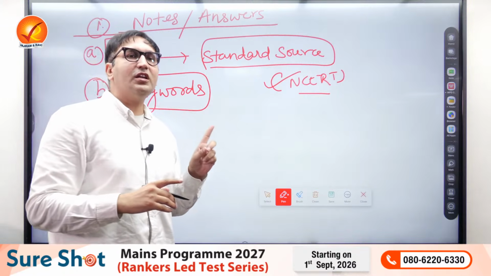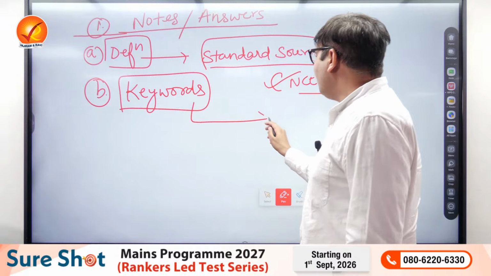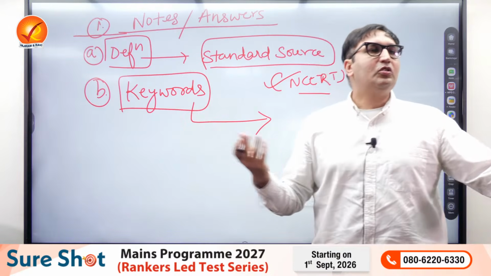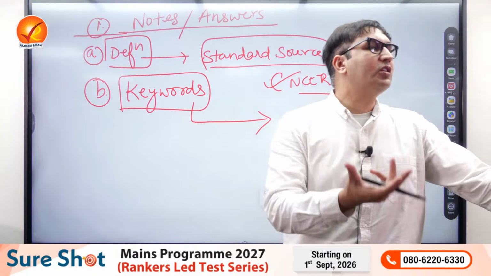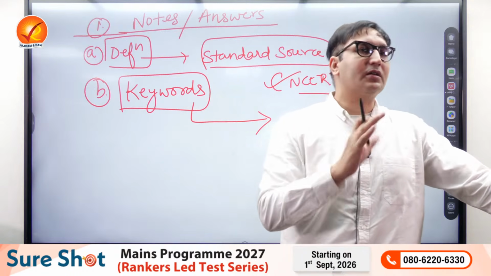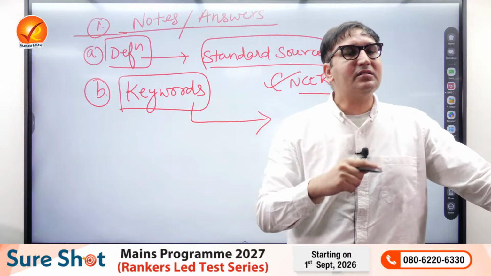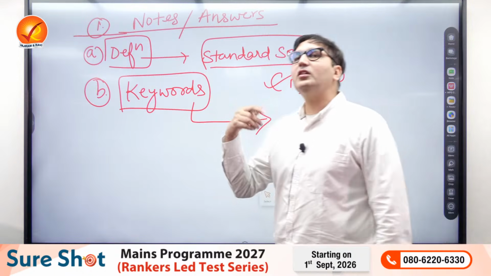And another thing behind the keywords is, what is the idea of the keywords? When you are writing those keywords, they are a combination of 2 or 3 words most of the time, right? For example, criminalization of politics. It's a combination of 3 words, but it tells a bigger malaise. It tells a bigger issue.